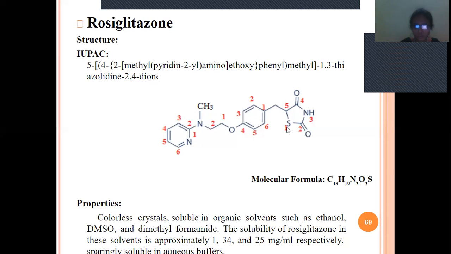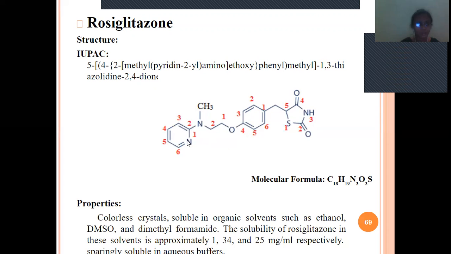Here thia in the first position is sulfur, in the third position nitrogen, and in the second and fourth positions 2 oxygen groups are there, so it is dione. So: 5-[[4-[2-[methyl(pyridin-2-yl)amino]ethoxy]phenyl]methyl]-1,3-thiazolidine-2,4-dione.